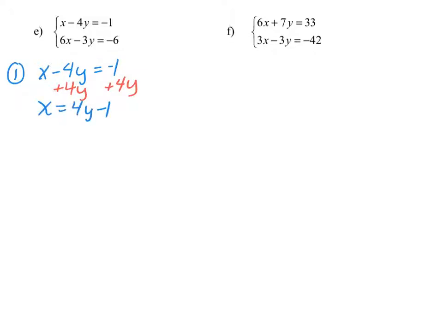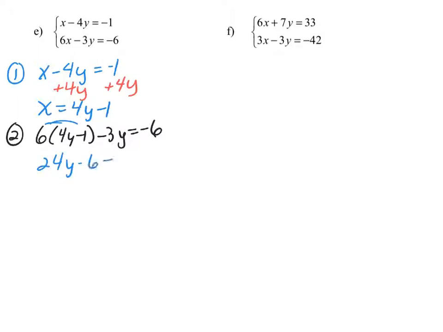Step number 2 is to substitute the result from step number 1 into the other equation. So the other equation is 6x minus 3y. Well, I'm going to replace that x with 4y minus 1, minus 3y equals -6. Using the distributive property, I get 24y minus 6 minus 3y equals -6.